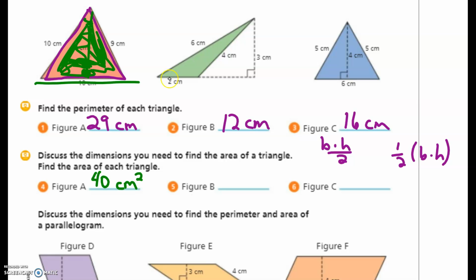All right, I'm hoping that you saw the right angle here. I'm hoping that you saw that these are the two lines that make that angle. So it's 2 times 3, which is 6, divided by 2 is 3. Now look at how strange the perimeter is, 12, when you compare it to the area, 3.